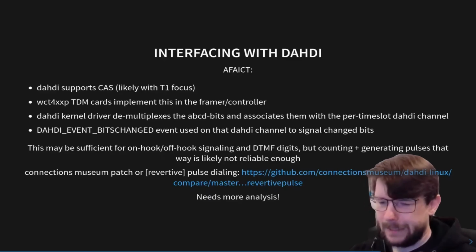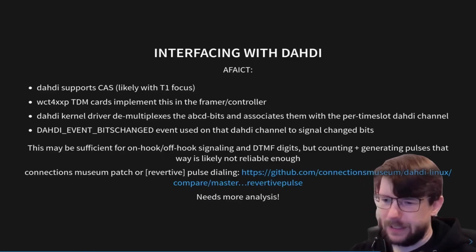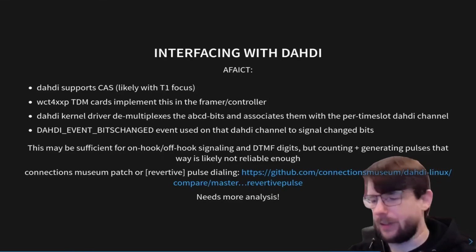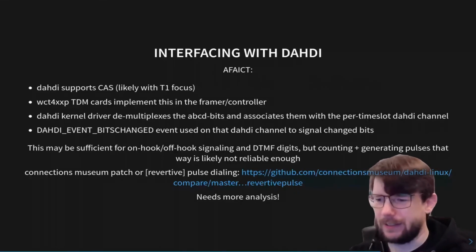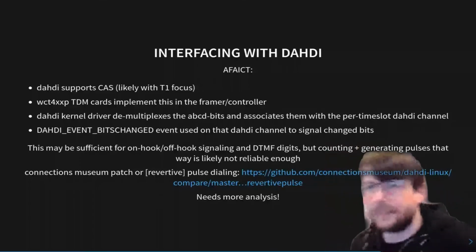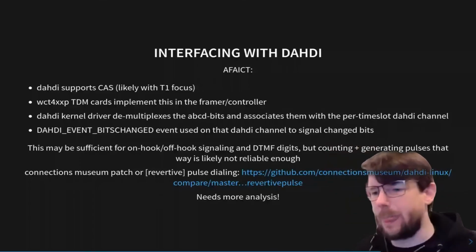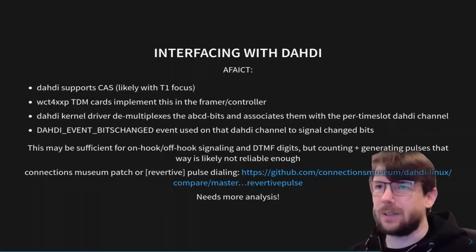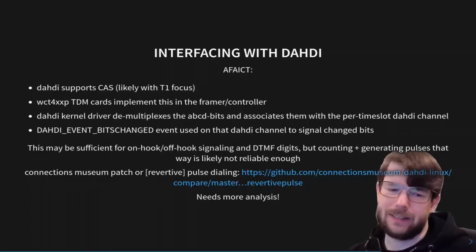And in the receive direction, whenever the ABCD bits of a given channel change, there is an event that is signaled on the DAHDI channel. The nice part is that it implements this demultiplexing. So you do not open that TS16 and do the demultiplexing yourself, but rather it's inside the driver.